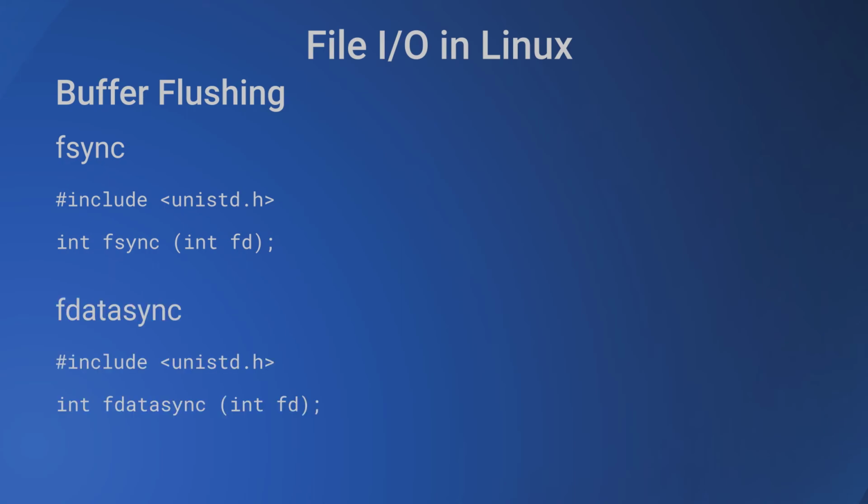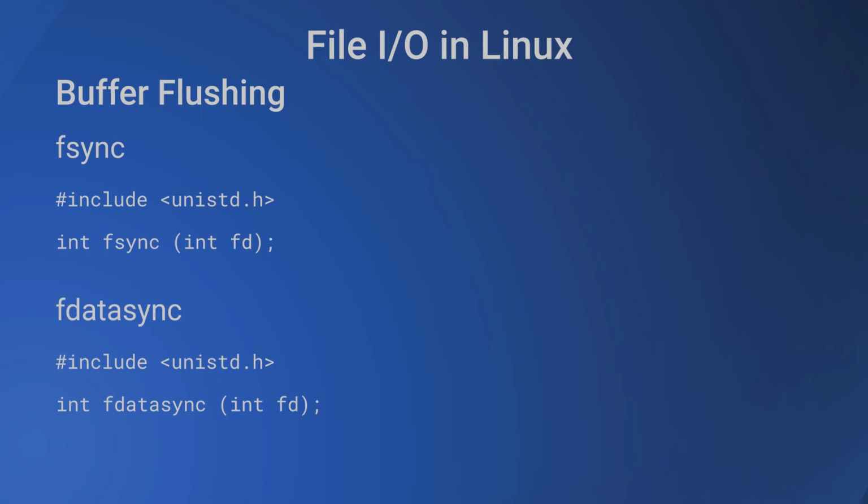fdatasync is similar to fsync in that data buffers of the file identified by descriptor fd are synchronized to the hardware device. However, some optimization in terms of minimizing data output is done. Only the metadata which is absolutely essential to read the file later on is synchronized.